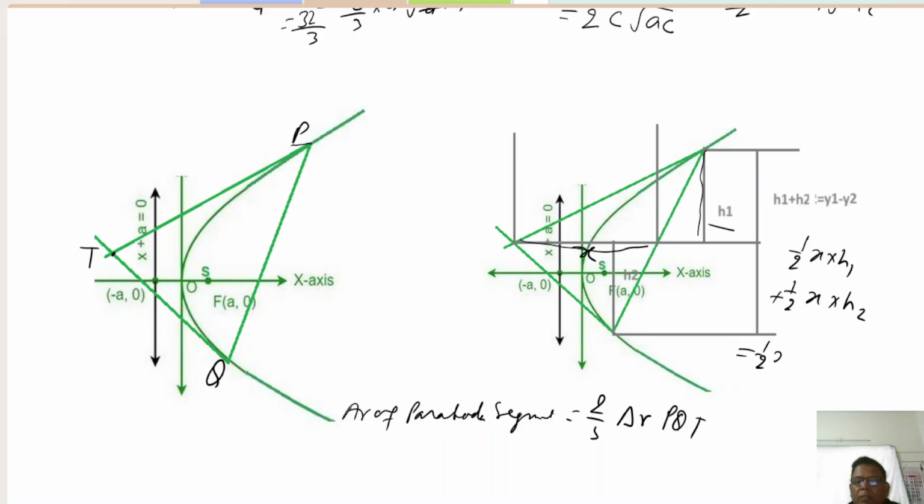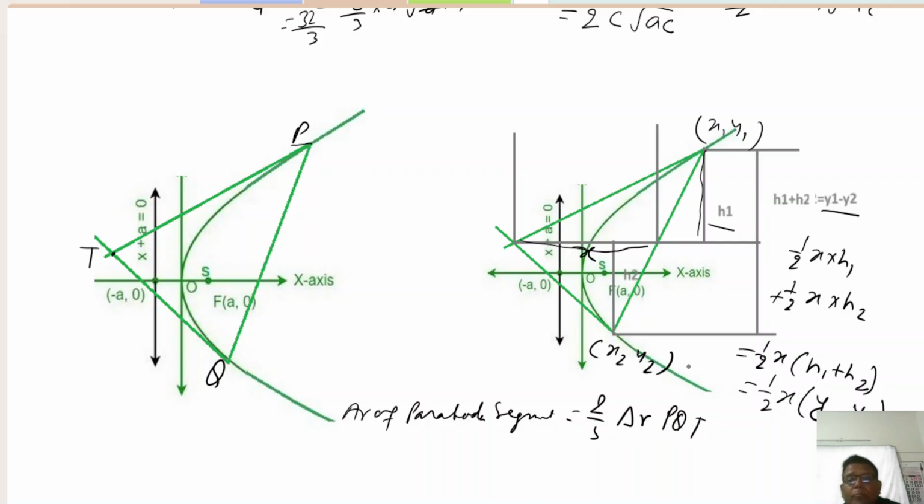So half into X into (H1 plus H2). H1 plus H2 is nothing but y1 minus y2. What are the coordinates? x1, y1, and this one is x2, y2. So half into X into (y1 minus y2).